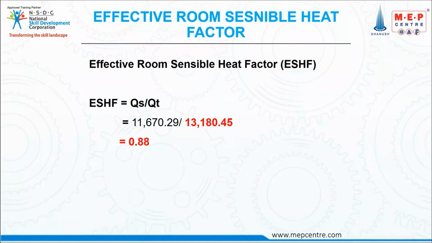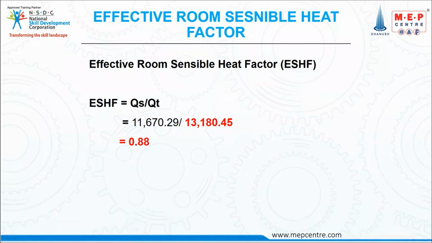Using this ESHF, we'll find the apparatus dew point temperature. Apparatus dew point temperature is nothing but the temperature of chilled water which we need to supply to the AHU coil or FCU coil. Getting my point?